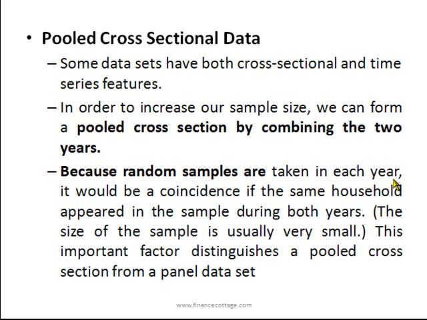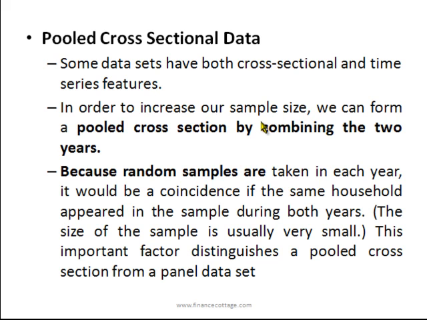For example, if we have five years, say 2003, 2004, 2005, 2006 and so on, in every year we draw a new sample and select different households for study, and this method is adopted to increase the sample size.